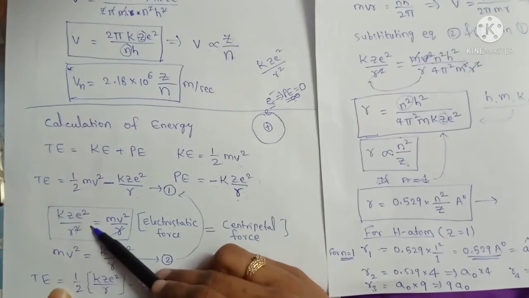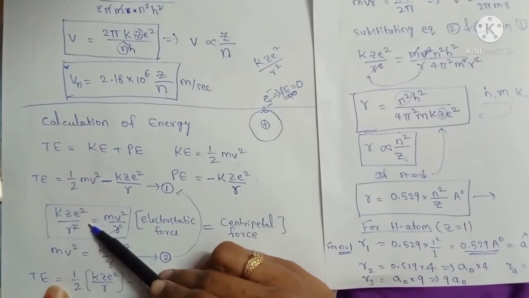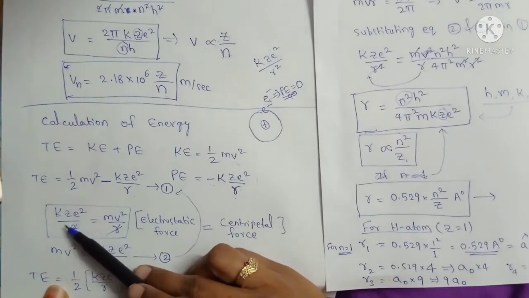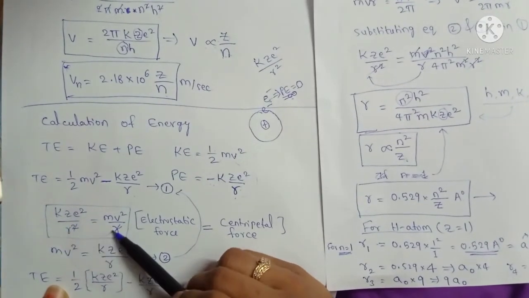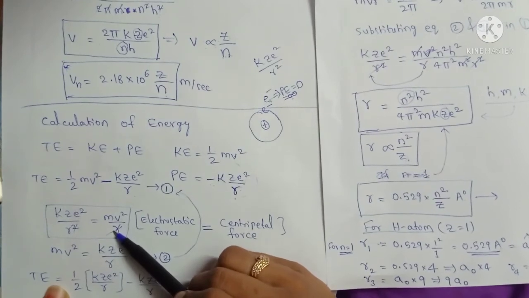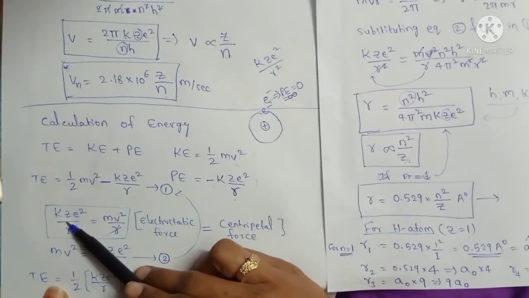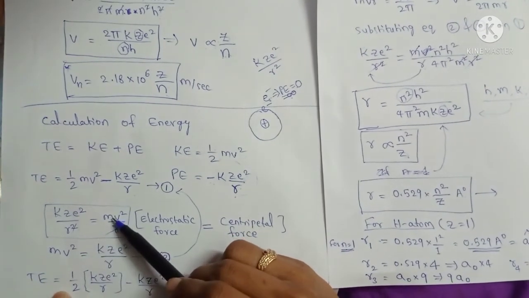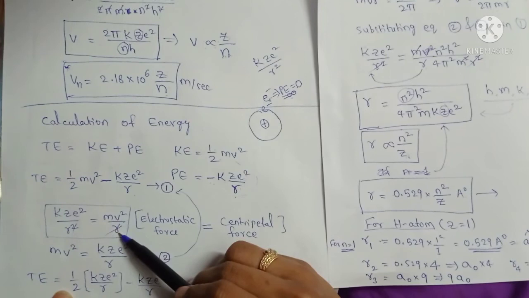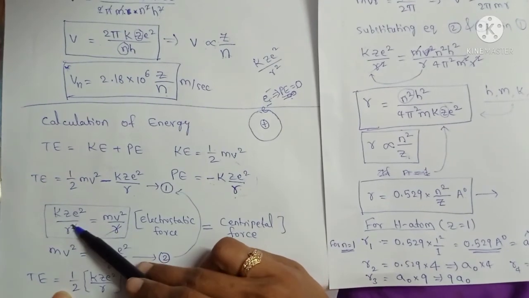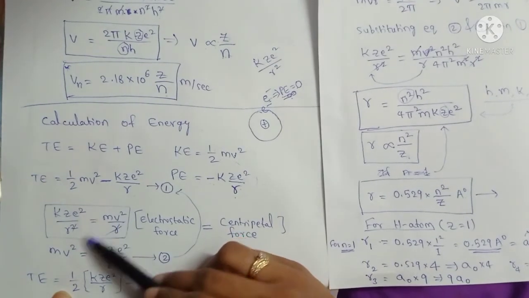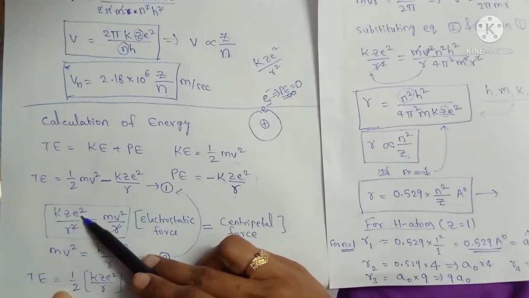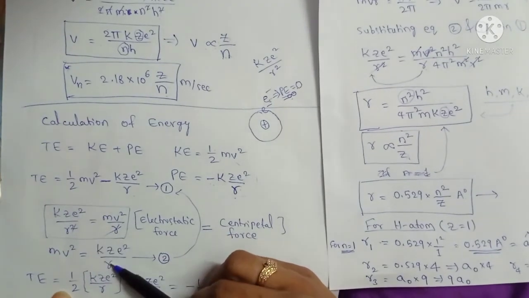This came from Rutherford. Rutherford assumed that the electrostatic force of attraction is equal to the centripetal force, right? The force of attraction is kZe square by r square, and the centripetal force is mv square by r. By solving this equation we get mv square equal to kZe square by r.